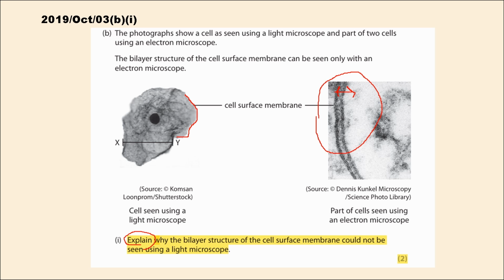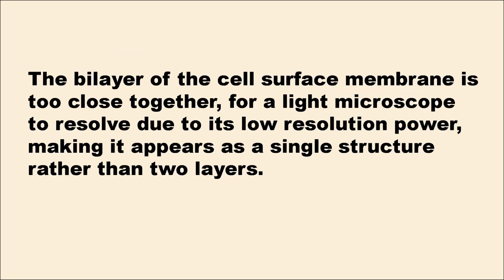Yeah, the electron microscope has a high resolution power, or conversely, the light microscope has a very low resolution power. That's why you can't see the bilayer structure very clearly through the light microscope. You can answer simply like this: the bilayer of the cell surface membrane is too close together for a light microscope to resolve due to its low resolution power, making it appear as a single structure rather than two layers.